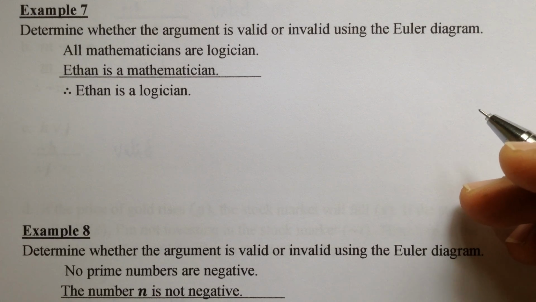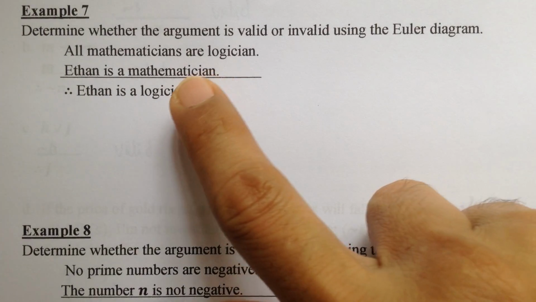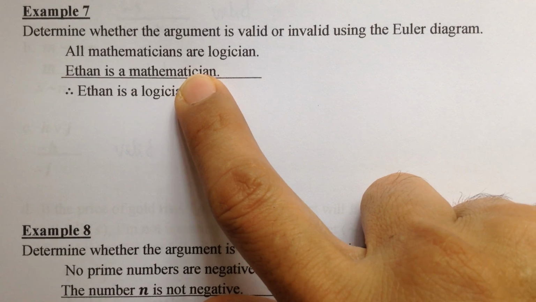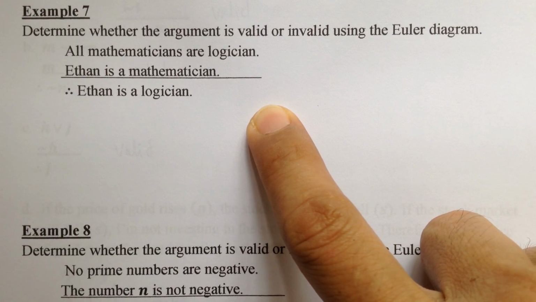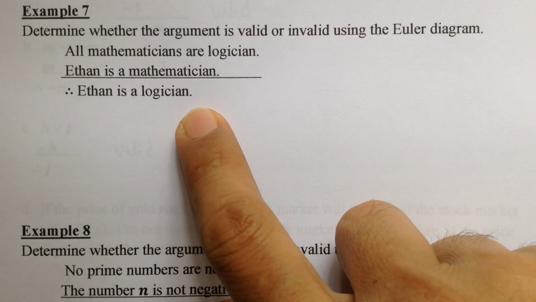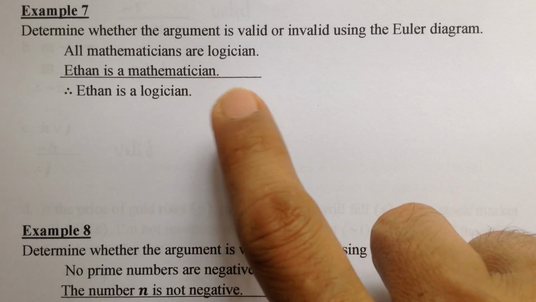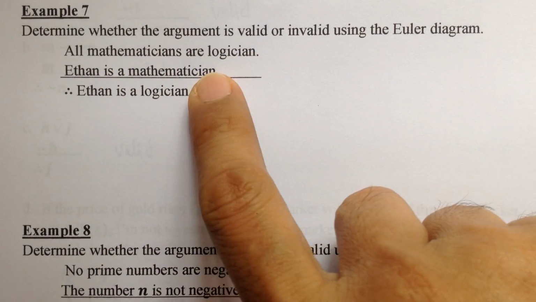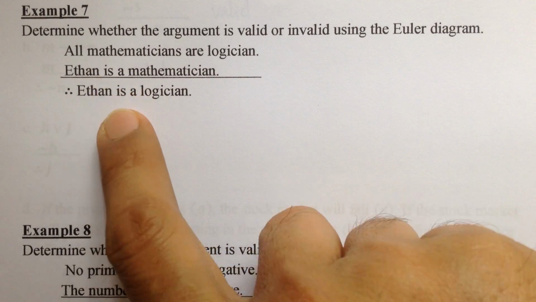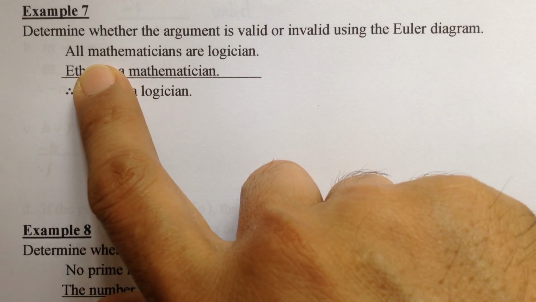And for this last video, we're going to consider arguments for which the premises are not in the form that uses connectives like P implies Q, P and Q, or P or Q. Instead, we have arguments for which the premises and the conclusion are expressed using quantifiers.